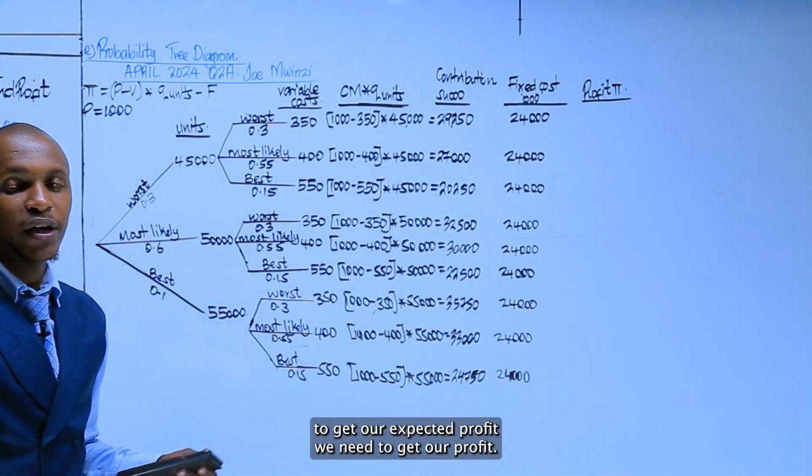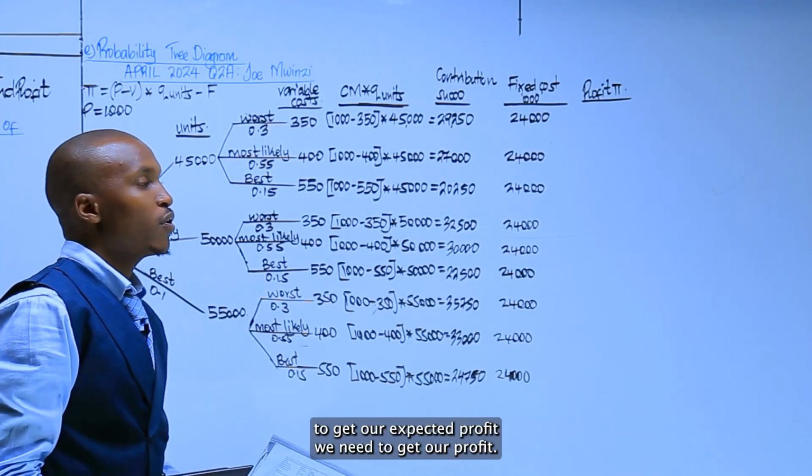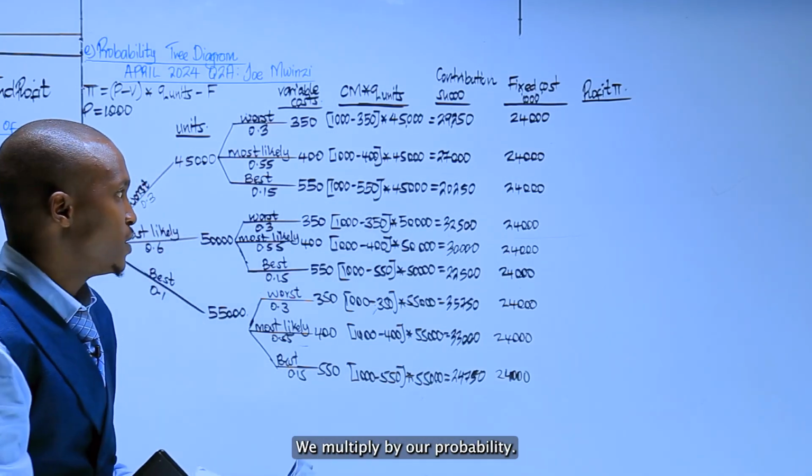For us to get our expected profit, we need to get our profit and multiply by our probability.